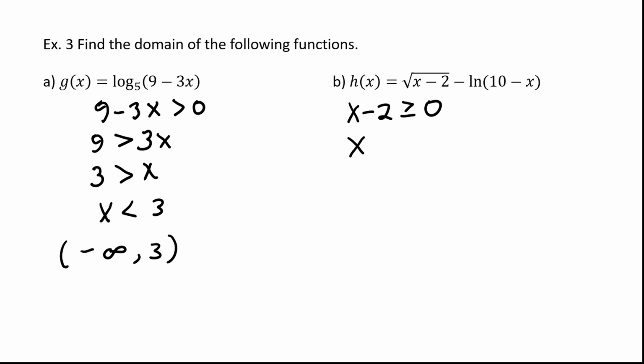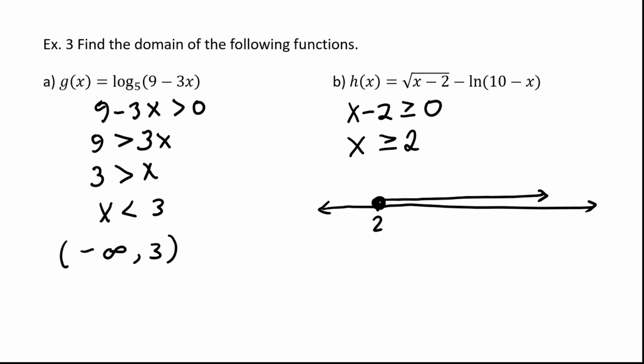So solving for this inequality, I get x is equal to or greater than 2. For fun, I'm going to go ahead and mark that on a number line. So if I mark 2, the equal to tells me it is solid and x is anything to the right.